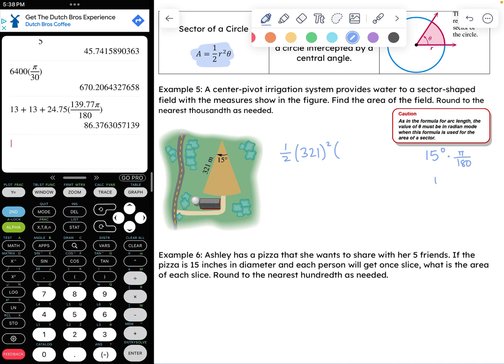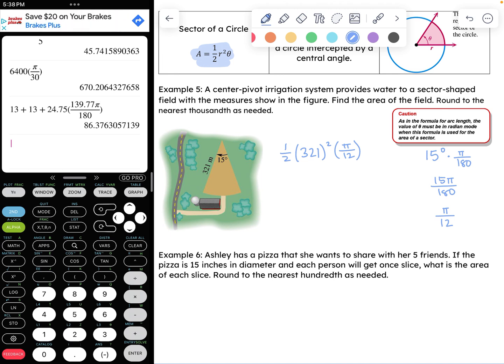It's going to give me 15 pi over 180, which is going to simplify down to pi over 12. So that's what I can plug into my formula. So really the most complicated part of today's notes is remembering that if it is a degree, you got to switch it to a radian before you plug it into your formula, and then plug it into the calculator.